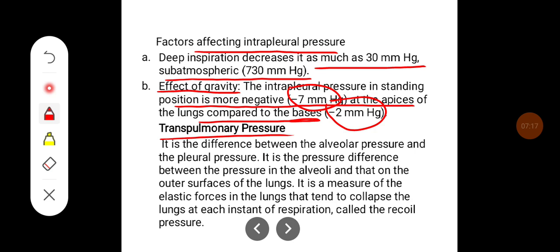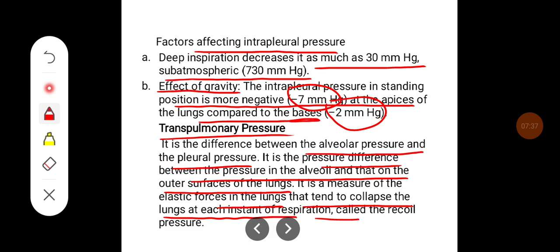Transpulmonary pressure: it is the difference between the alveolar pressure and the pleural pressure. It is the pressure difference between the pressure in the alveoli and that on the outer surfaces of the lungs. It is a measure of elastic forces of the lungs that tend to collapse the lungs at each instant of respiration, called recoil pressure.